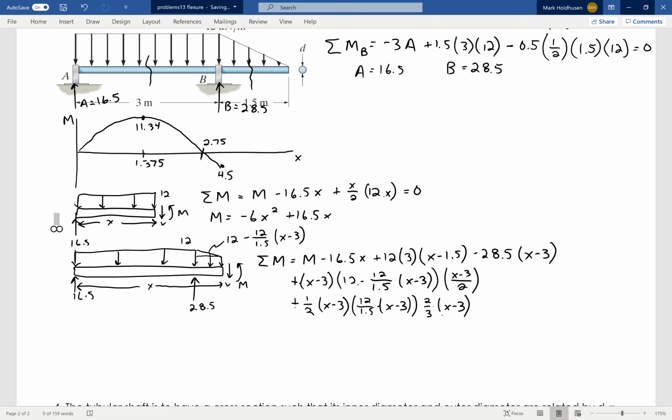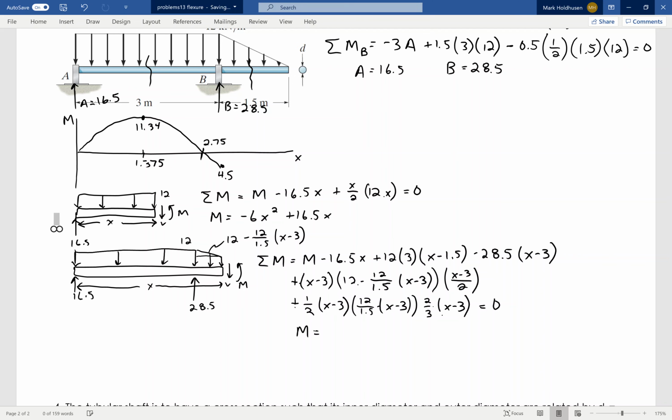Very, very tedious, lots going on there, but basically I've got 2 point loads, the reactions. I've got that whole rectangular load, and then I've got this trapezoid, which depends on the length of x, which gets me to an actual quadratic when I do this.